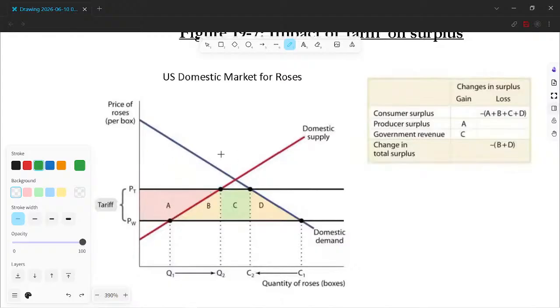Well, I guess maybe it's outside the scope, but there's going to be a loss in government revenue from taxing businesses, maybe. I think that's outside the scope. Anyway, let's just think about this. So just for the tariff.